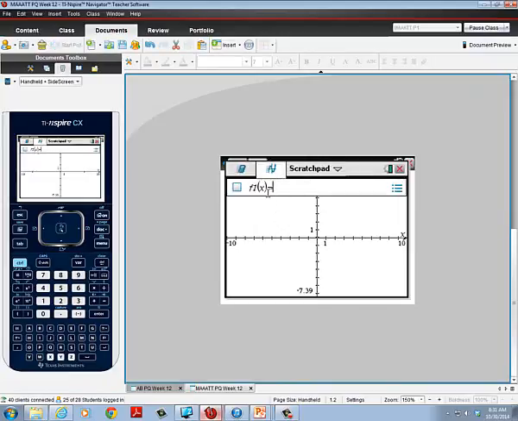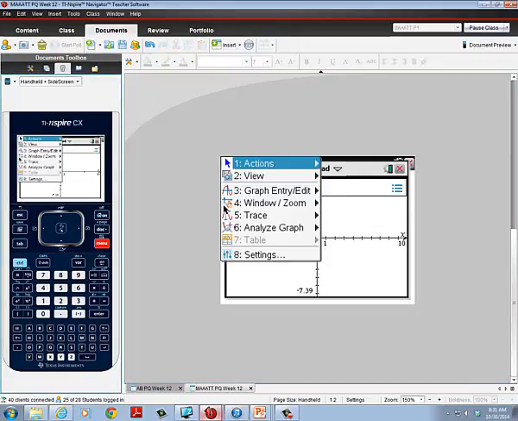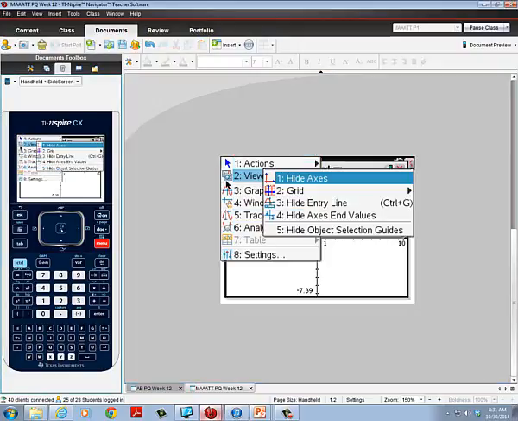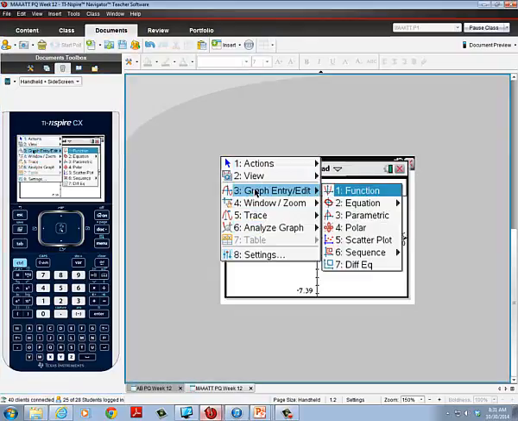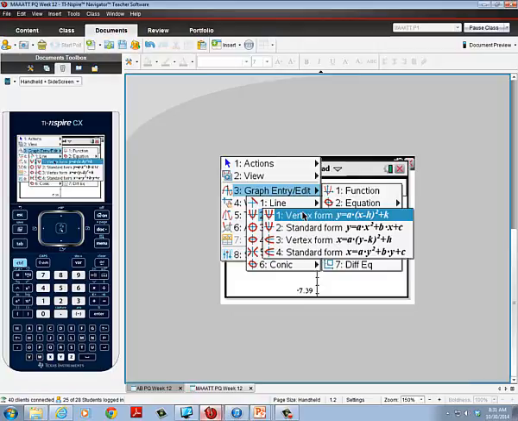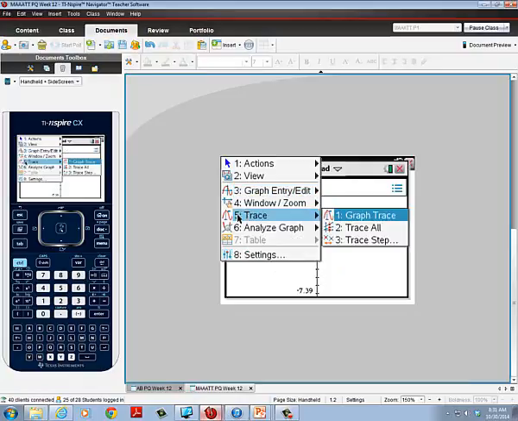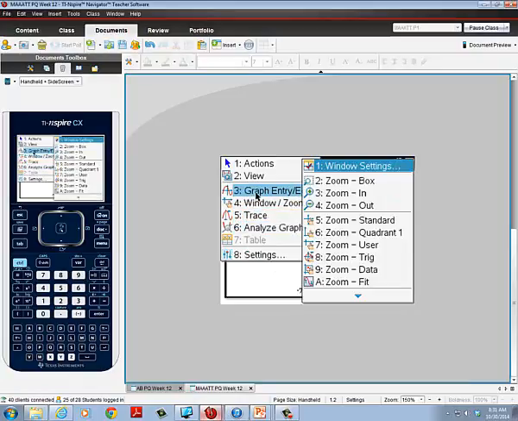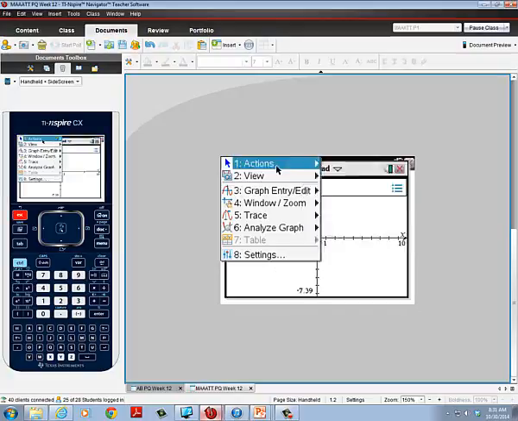Menu, other graph, equation. No, you still have to have it solved for y. Never mind. I was going to see if we could get it in as a different thing, but we can't. So we're just going to go with the way it is.